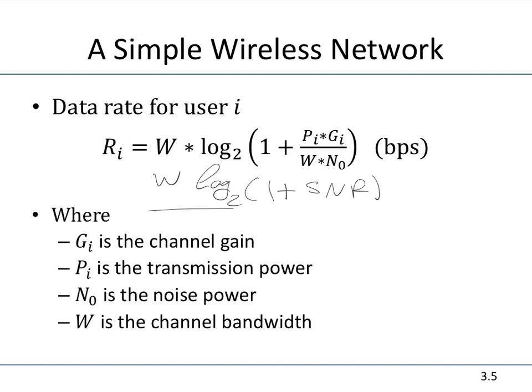This equation gives you the ultimate rate that is achieved by a user who is not experiencing any interference from other nodes, and only experiencing path loss and fading from obstacles or something like this. So in this gain, we can have path loss and fading.